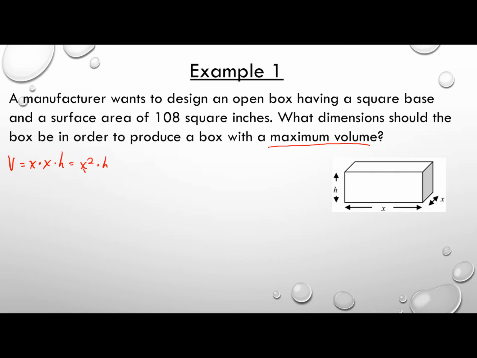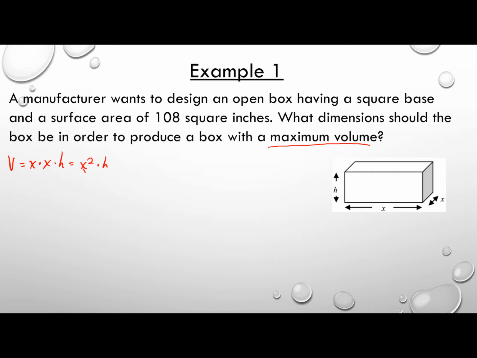All right, so now let's substitute. Once again, we're going to substitute this into that equation. So now we got x squared times h, which is x squared times 108 minus x squared over 4x. So just to highlight this, remember we took this and substituted in for h, which became 108 minus x squared over 4x.